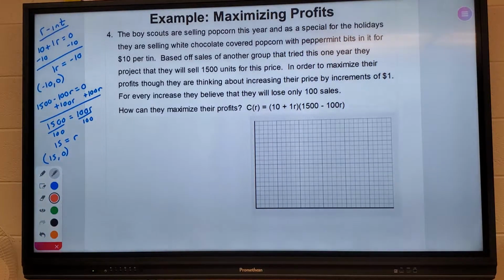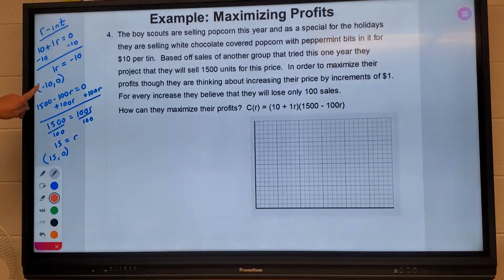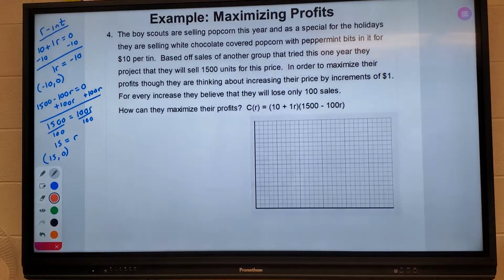Okay, and as with the previous problem, number 2, we're going to take these and identify what these mean. So if I have negative 10, comma 0, that's telling me that I'm looking at decreasing, because it's negative, the cost by $10 per tin. Okay, does that make much sense?